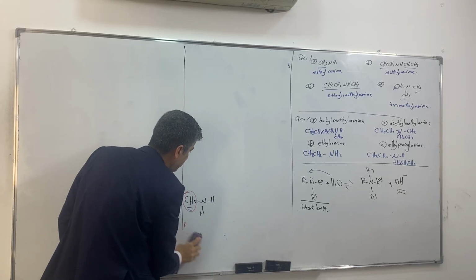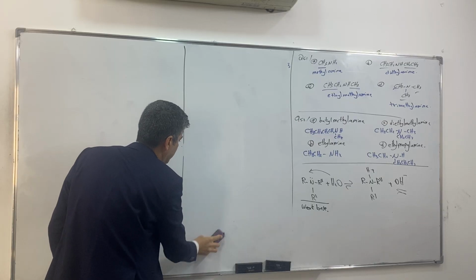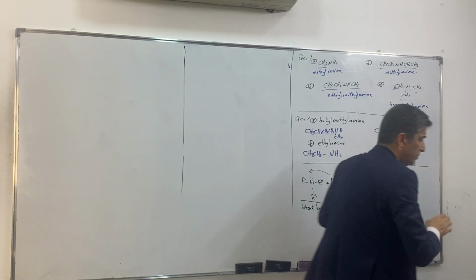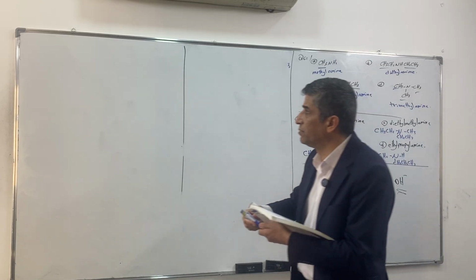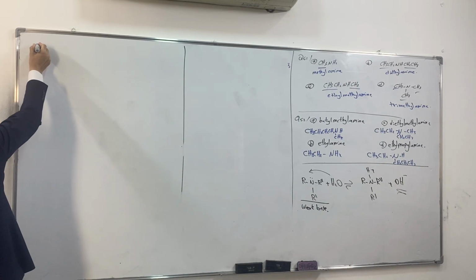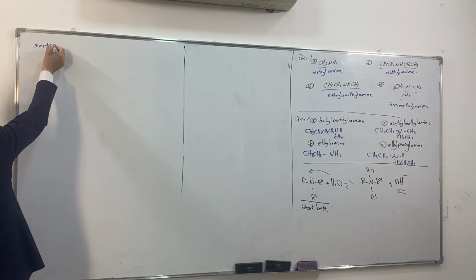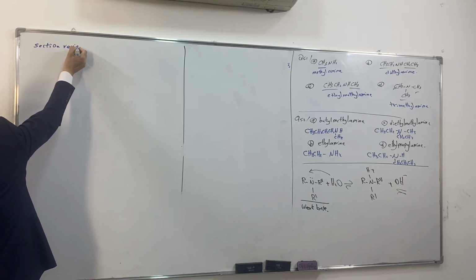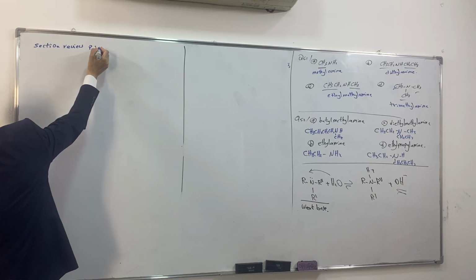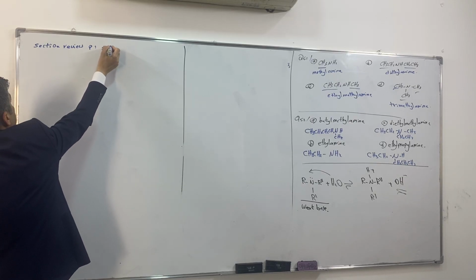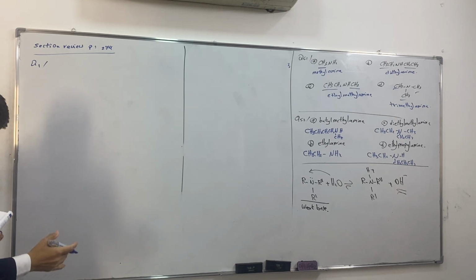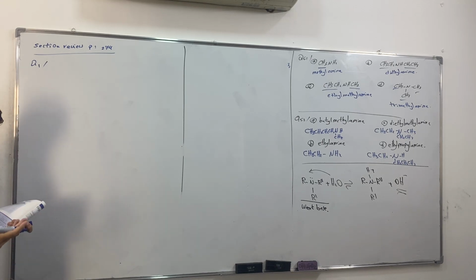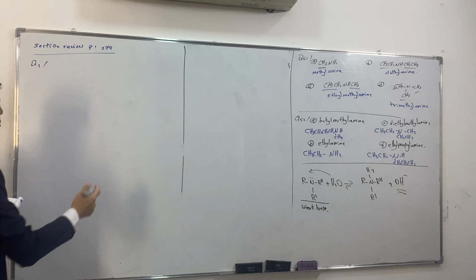We will try to solve them together. We have the section review, page 274 in your textbook. Question 1. We have some organic compounds. We will try to find their general formula and their classes.